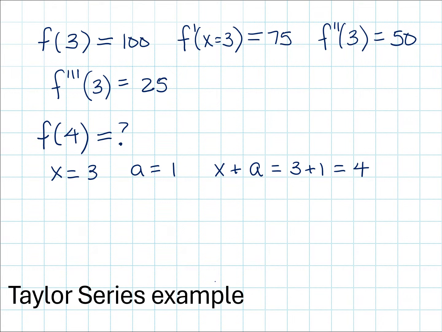So if I want to know the value of f of x plus a, that would be my unknown, right? My value of function f when x is equal to 4. So I'm just going to substitute these variables, x is 3, a is 1, into the Taylor series expansion.